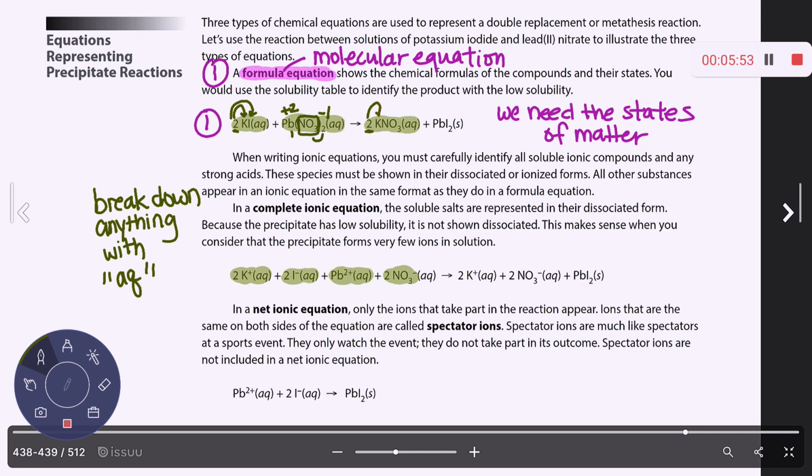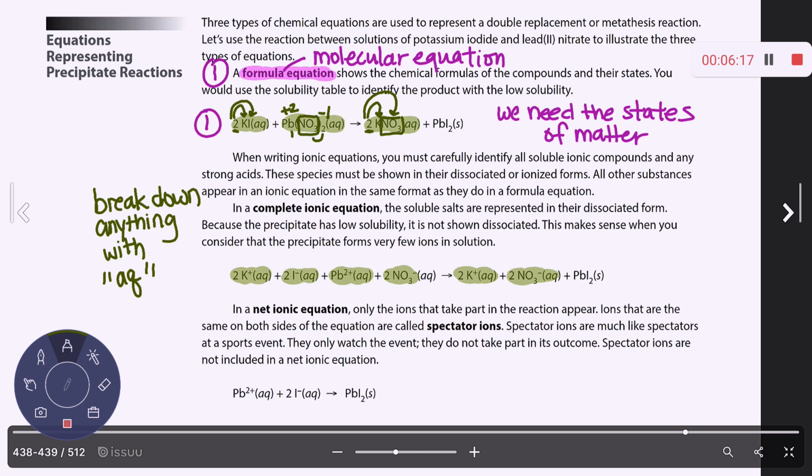So you have to distribute this 2 to the K, and then it has to go to this NO3 because that's a polyatomic ion, okay? So on the product side, I've got 2 K plus 1s, and then I have 2 NO3 minus 1s. You don't touch solids, you leave them alone, right? Because we only break down things with AQs.